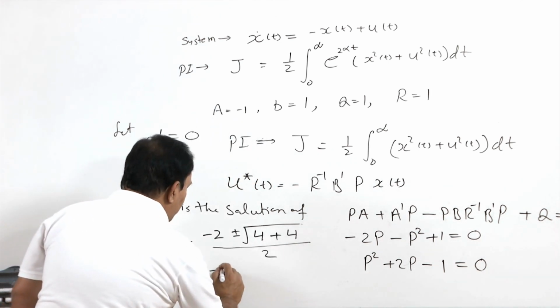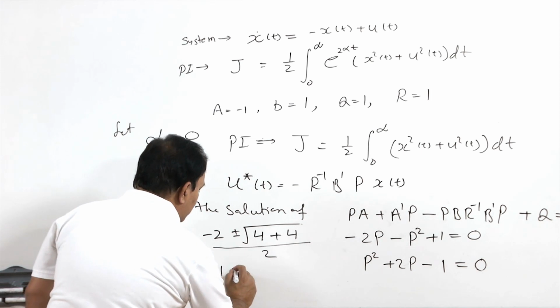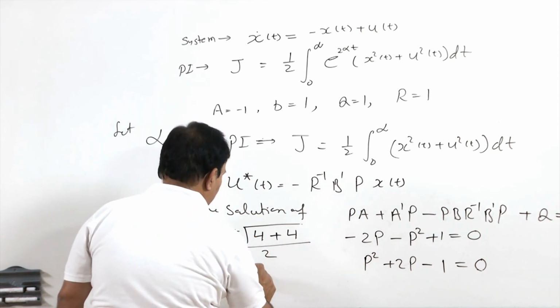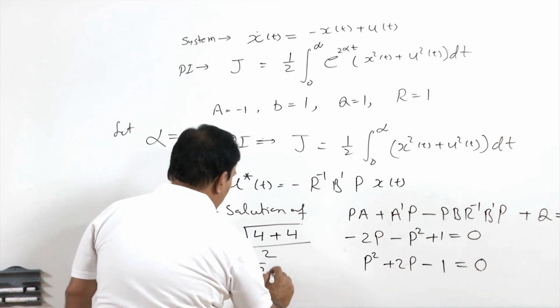So, this is nothing but minus 1 plus minus under root 2.